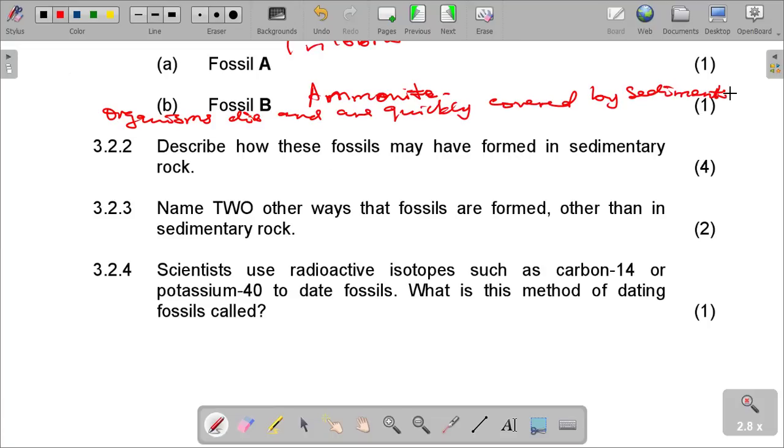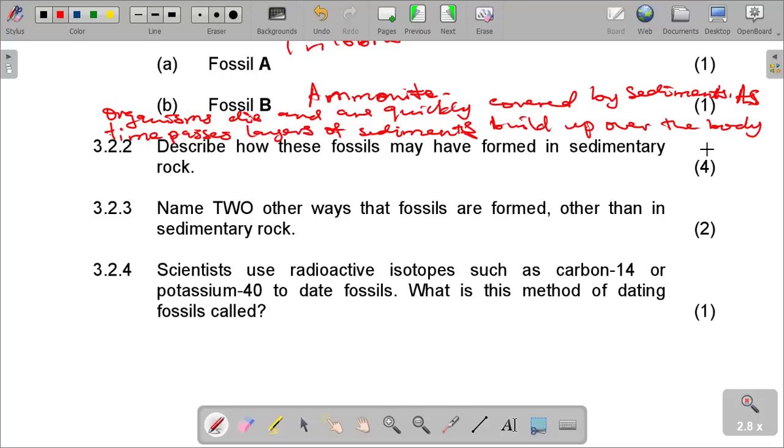And then as time passes, layers of sediments build up over the body.